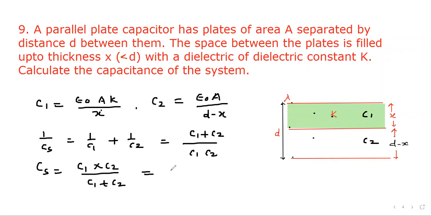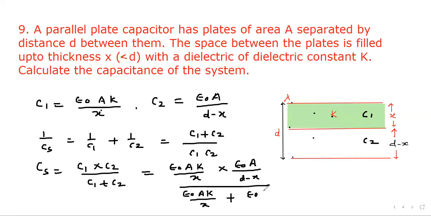We put the values: epsilon naught A K divided by x, times epsilon naught A divided by d minus x, whole divided by epsilon naught A K divided by x plus epsilon naught A divided by d minus x. Now we can simplify. On simplification, we will get K epsilon naught A divided by (K d minus x times (K minus 1)), which is our answer.